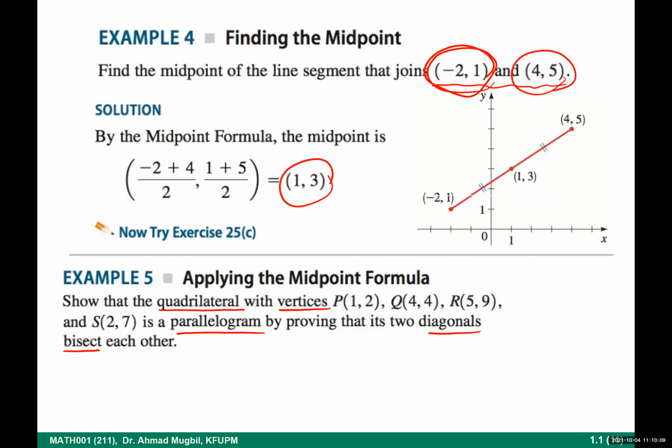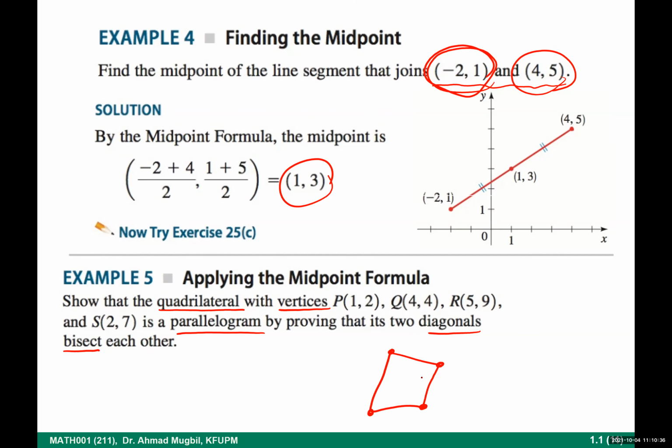So did you understand what this question is about? We have a quadrilateral, which is any geometrical shape with four sides. Now, vertices. These are the vertices, the corners of this quadrilateral.